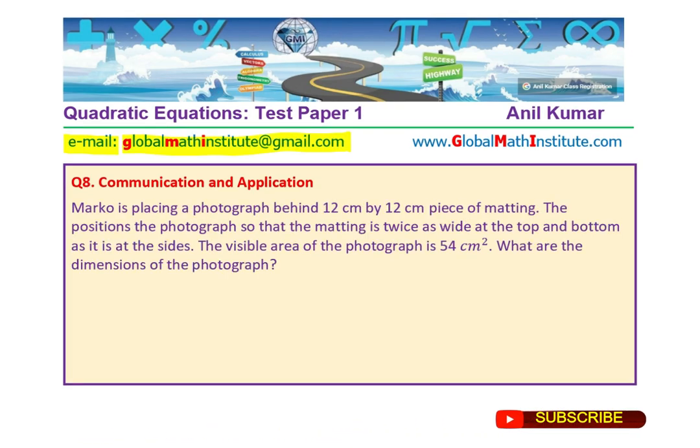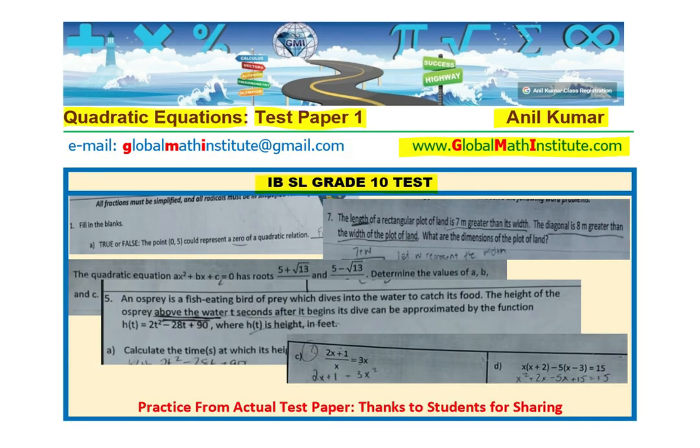And question number 8, placing a photograph with the frame. So these will be answered in the next set, but I hope you have understood how we answer the questions in test papers to get good marks. More important here is to get an exposure to the type of questions which are expected in the test.